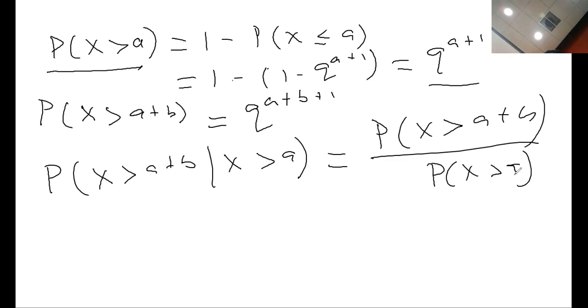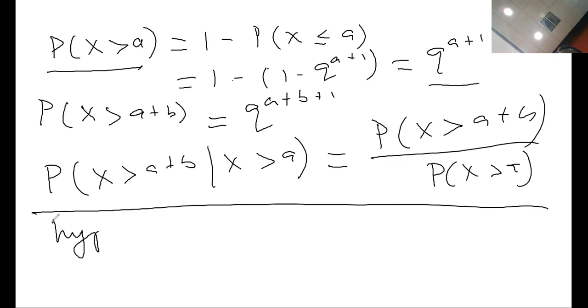So I want to add one thing for the remaining 2 minutes that we have. I don't want to come back to hypergeometric distribution.